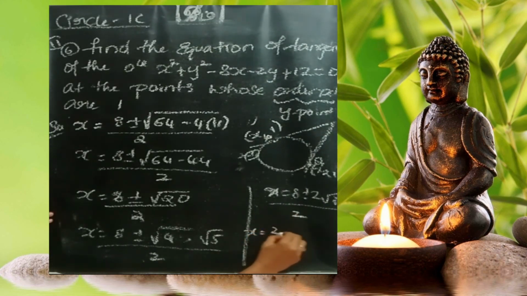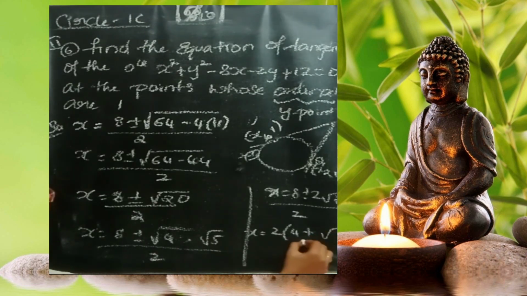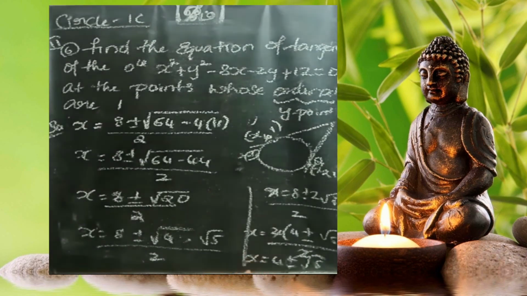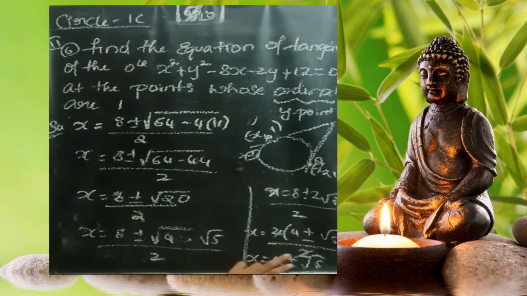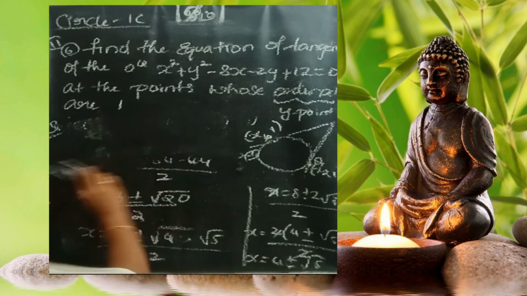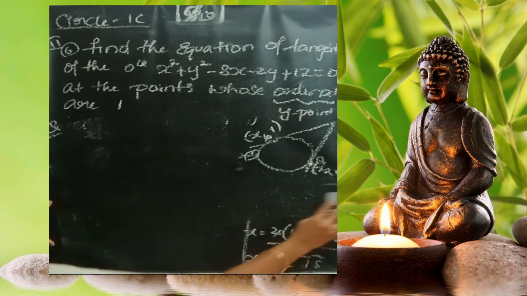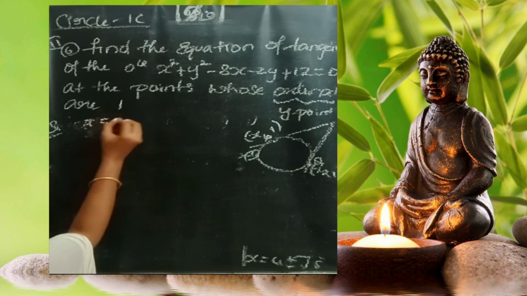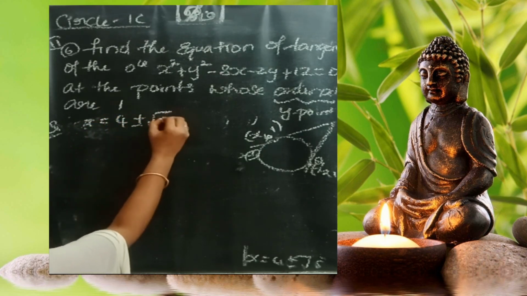Now take 2 as common: 2 into 4 plus or minus root 5. Don't forget to write plus or minus here. The 2 gets cancelled and x equals 4 plus or minus root 5. So that is the x value.